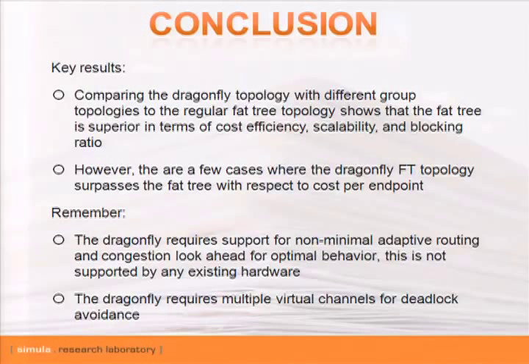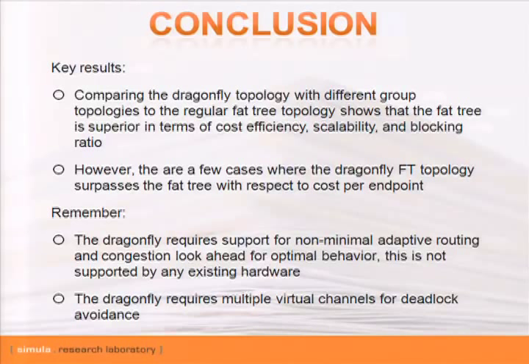But you should also bear in mind that the Dragonfly requires support of non-minimal adaptive routing both at the global and local level, as well as advanced congestion look-ahead for optimal operation. And that's not supported by any hardware today.